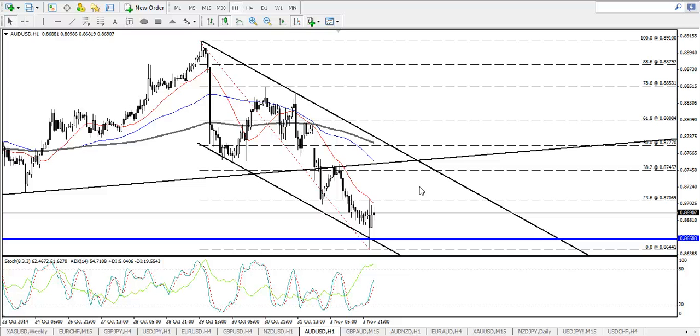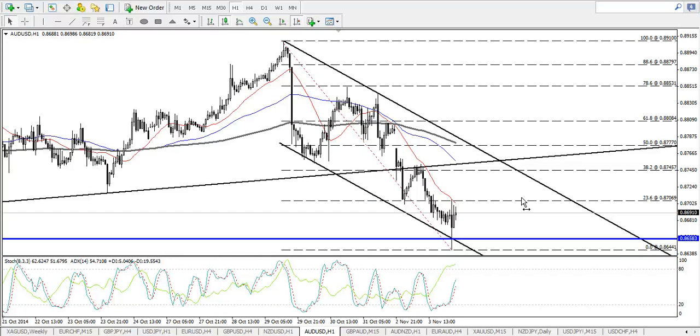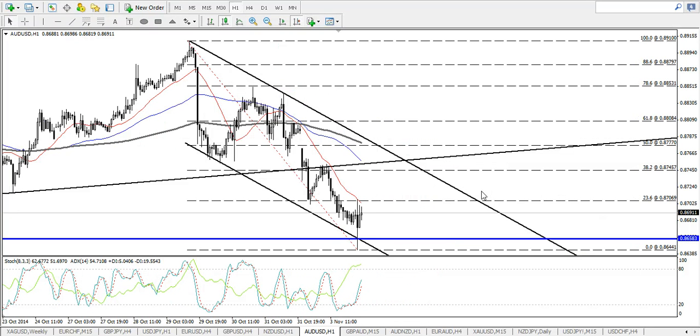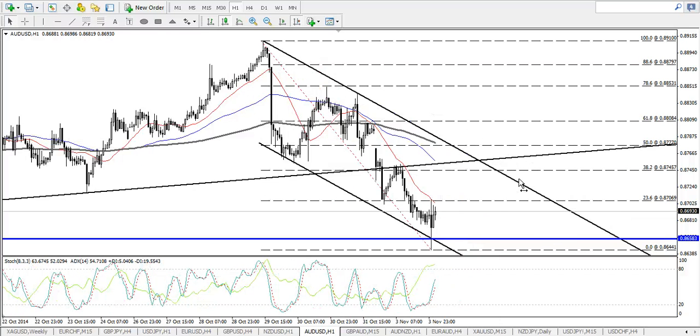Just right after the Federal Reserve FOMC statement. Well, there might be a small possibility for that, and if that happens, then of course we can see that the Aussie will depreciate against the US dollar by a lot and break new lows, right?